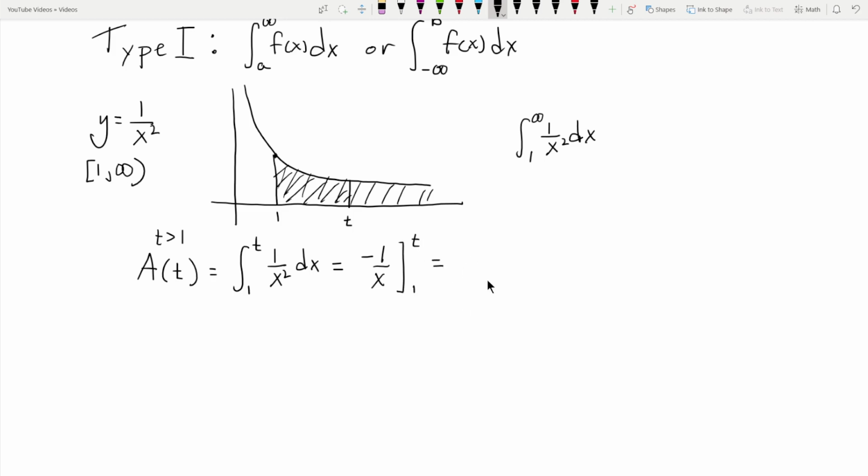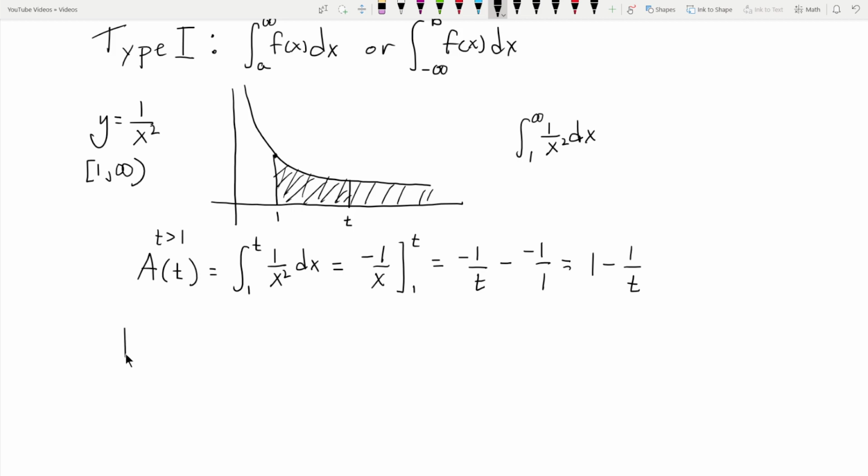And when I do that, when I put in t, I get negative 1 over t minus a negative 1 over 1. So if I simplify this, clean it up, and turn it around, I get 1 minus 1 over t. All right, now I want to keep moving t along the x-axis further to the right. We have a way from Calc 1 to do that, right? If I'm moving t to the right, I'm letting t get larger and larger, and letting a value get larger and larger, arbitrarily large, is making it go to infinity.